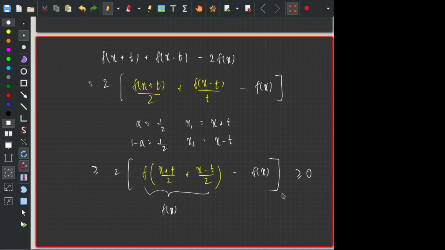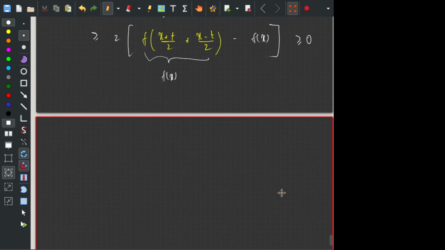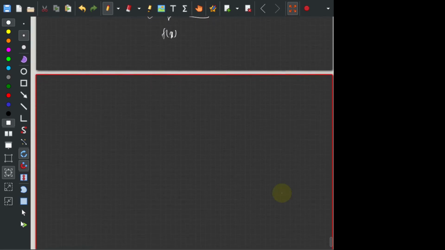Before we move on, let's see some examples of functions which are convex and some which are not. Can you give me an example of a convex function, not a polynomial, perhaps something else? Okay, x log x. But maybe before that, what about f of x equal to log x? It's concave.